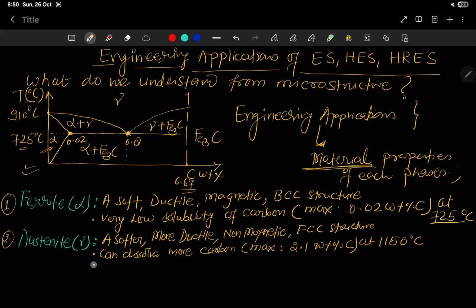And one important point is that this is the phase into which steel is heated for heat treatment.